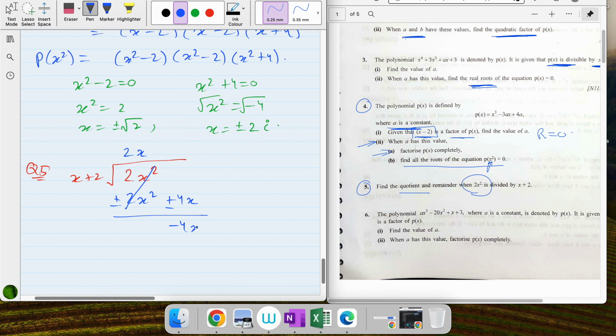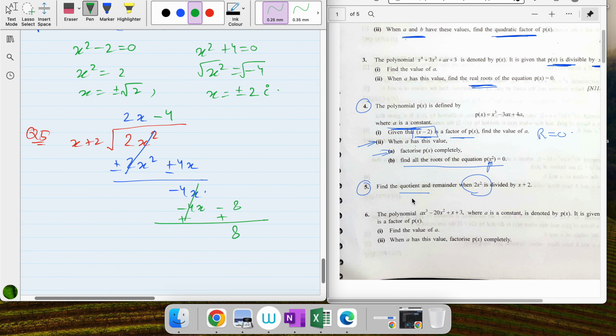This is negative 4x. To get negative 4x, we multiply it with negative 4. x into minus 4 is minus 4x. 2 into 4 is minus 8. Change the signs and this is plus 8. So the demand was find the quotient. Quotient is equal to 2x minus 4 and the remainder is equal to 8.